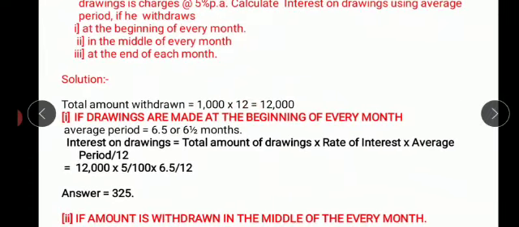So now I will consider the first option, that is drawings made at the beginning of the month. So here the average period is 6.5 months, that is 12 plus 1 divided by 2. It will give me 6.5. So what I will have is total amount of drawings into rate into average period.